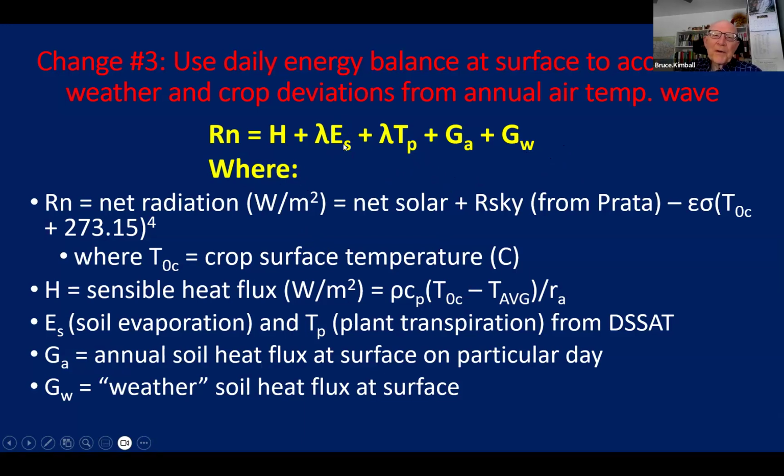That is calculated in another part of DISAT, so I just grabbed that. This is transpiration from the crop surface. That too is calculated in another part of DISAT. GA is the annual temperature, the soil flux at the surface from the annual temperature wave. And then this GW is one that I've introduced, and it's the deviation between the annual temperature wave that's due to the weather and to the plant properties.